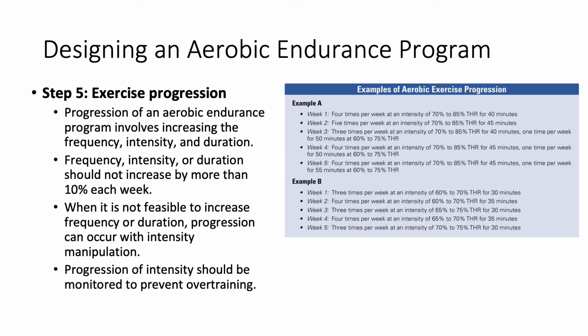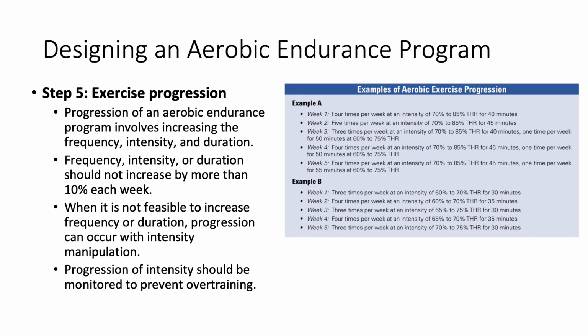Once the athlete begins an aerobic endurance training program, they need to continue the program to either maintain or advance their aerobic fitness level. Progression of an aerobic endurance training program involves increasing the frequency, intensity, and duration of exercise. A general recommendation is that you should include at least one recovery or active rest day in each week of training. With exercise progression, exercise frequency, intensity, or duration should not increase more than 10% each week.